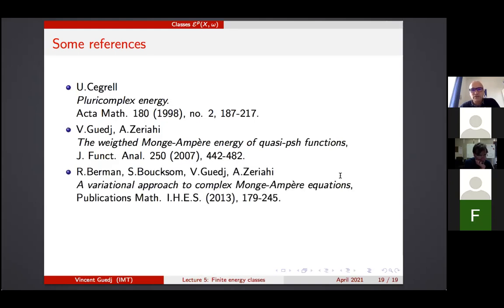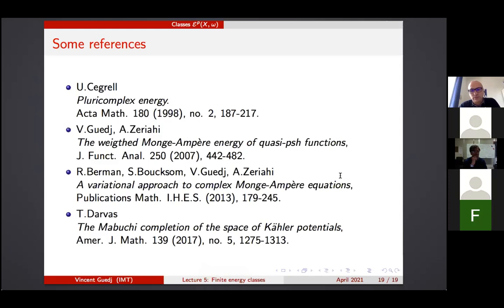In the next lecture, I will describe the heart of a paper with Berman, Boucksom, and Zeriahi, which is this one. And finally, I will say a few brief words in lecture 8 on the contribution of Darvas, who studied the Mabuchi point of view on the space of Kähler potentials.